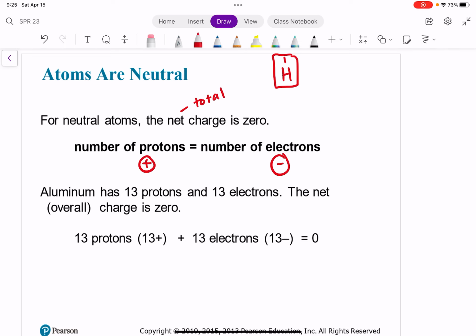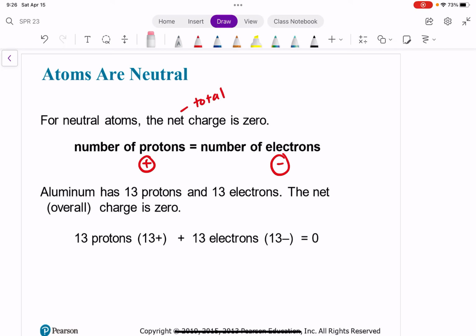And to have a total net charge of 0. Remember, there are still neutrons in there, but neutrons don't have a charge, so we don't have to worry about them when we're thinking about the charge, right? We're just concerned with protons and electrons. Okay, another example. Aluminum has 13 protons and 13 electrons. So the net overall charge is 0.